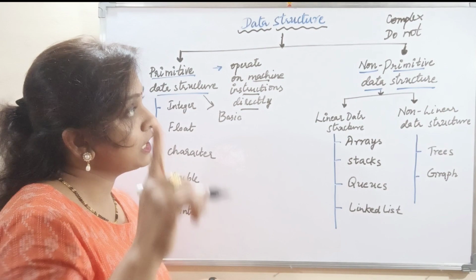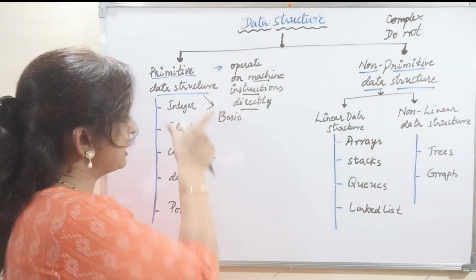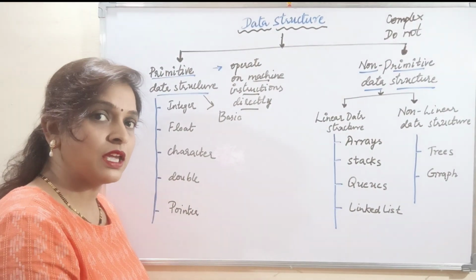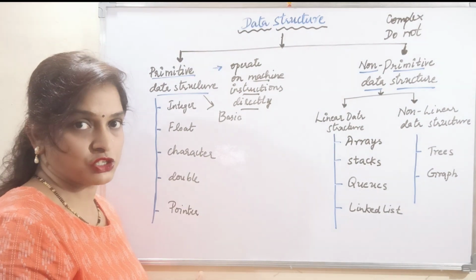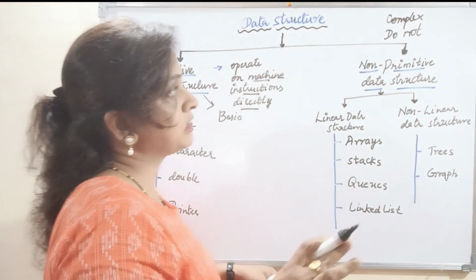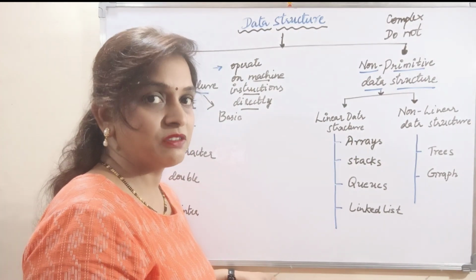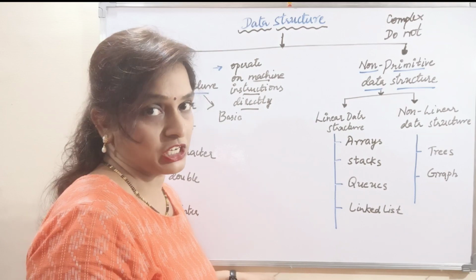So this is primitive and non-primitive. Hope you have understood this. The primitive data types we have seen already; the compiler follows the machine instruction. But the non-primitive is a complex data structure which is derived from the primitive itself, but it is not going to operate on the machine instruction.